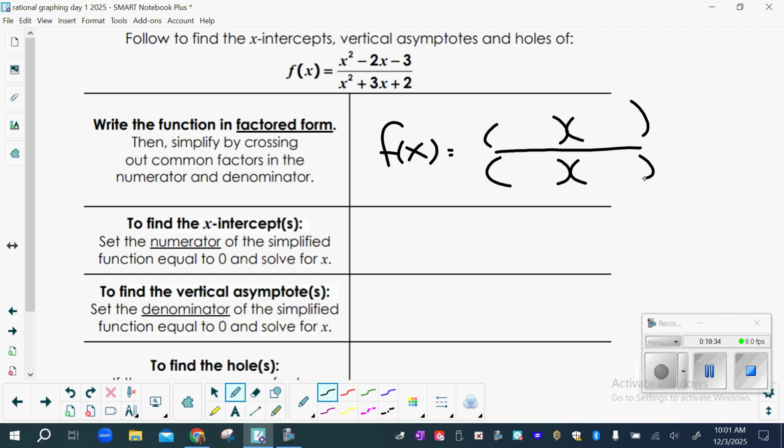Factor form, your x factoring. Everyone, this is Algebra 1, no one should have problems with this. Factors of 3 that subtract to be 2: 3 and 1. Factors of 2 that add up to be 3.